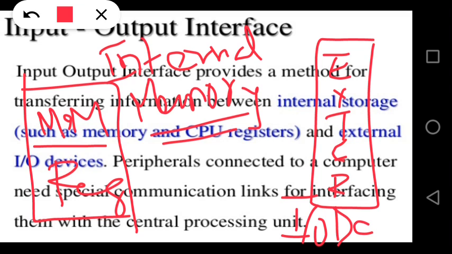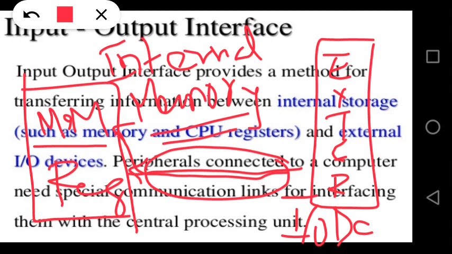So let's take an example of an external device called keyboard. Using the keyboard, when the user enters data, that data has to be transferred to main memory or register, right? So in between there sits an interface which is called IO interface.